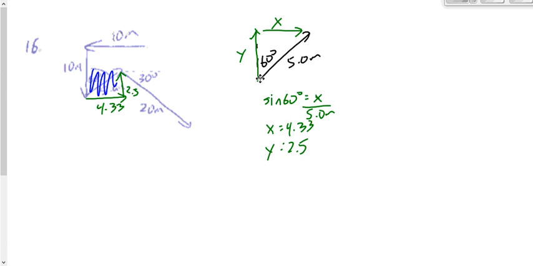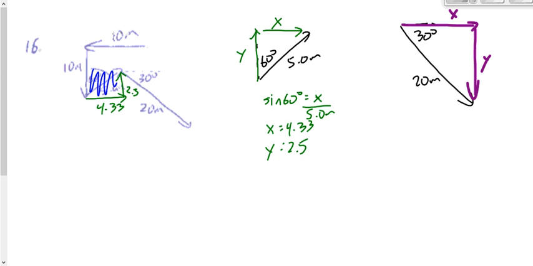And then we're going to do the other one. We're going to say this one is down like this, 20 meters, 30 degrees. X and Y. X is going to be equal to 17.32, which is 20 cosine 30, and Y is going to be equal to 10.